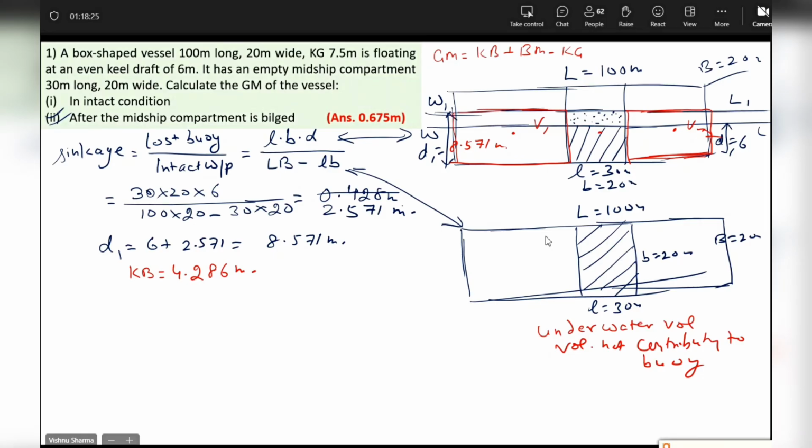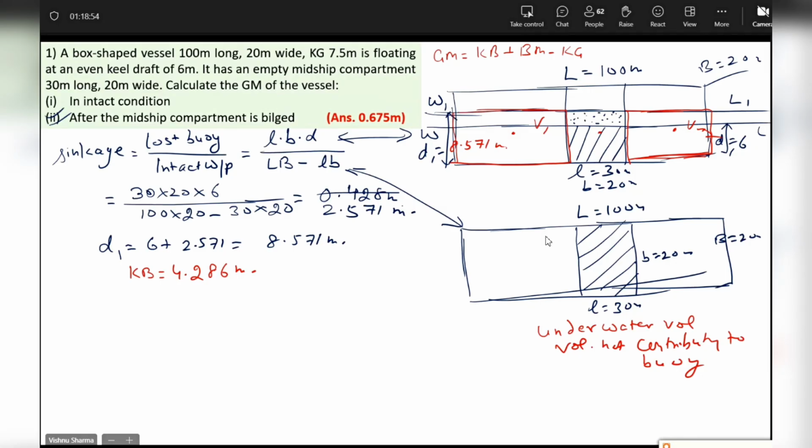In the notational form, what is the underwater volume up to W1L1? What represents the underwater volume up to W1L1 in the notational form, guys? Tell me. Capital L into capital B into D1. Okay, everybody agrees that up to W1L1, the underwater volume is represented by capital L into capital B into D1.